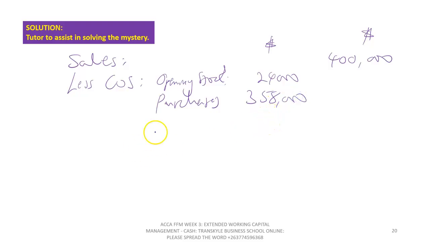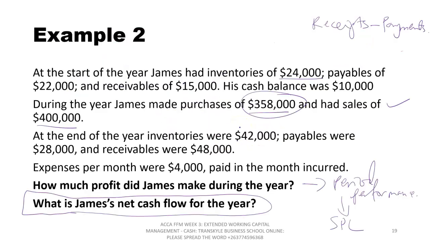Okay, and we deduct the closing stock. How much was the closing stock from the question? We are told that at the end of the year, they were left with items worth 42,000.